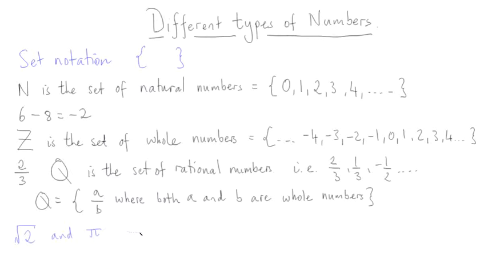These are what we call irrational numbers, and they can't be written as some number A divided by another number B.